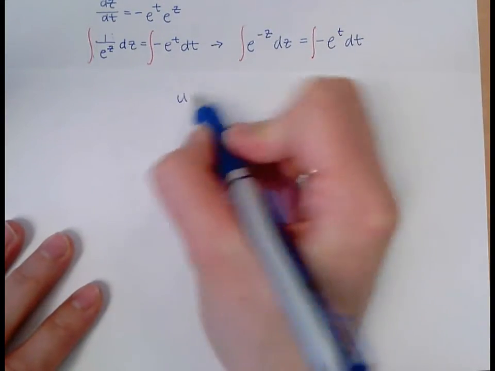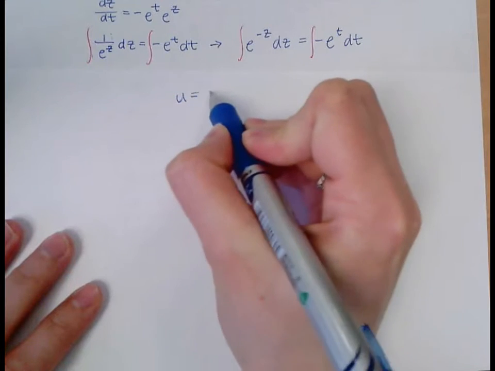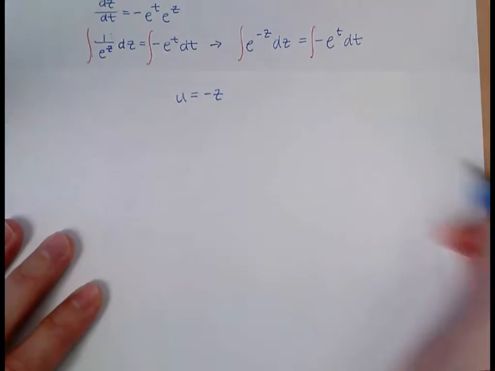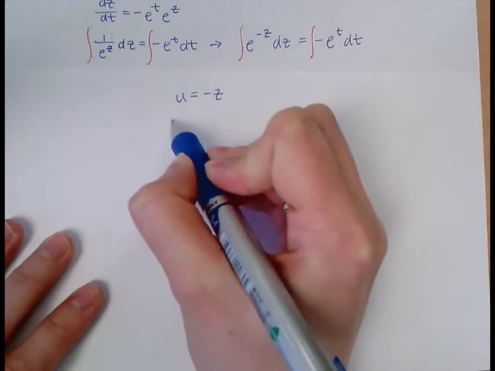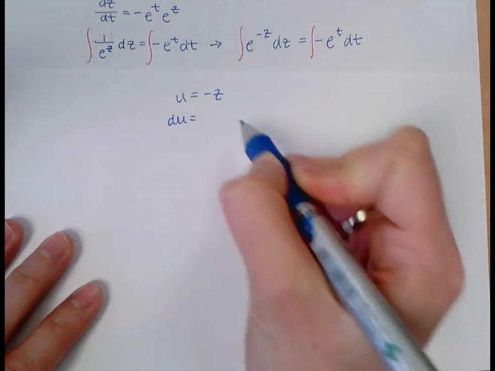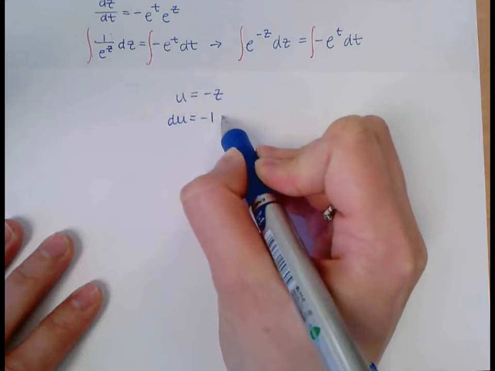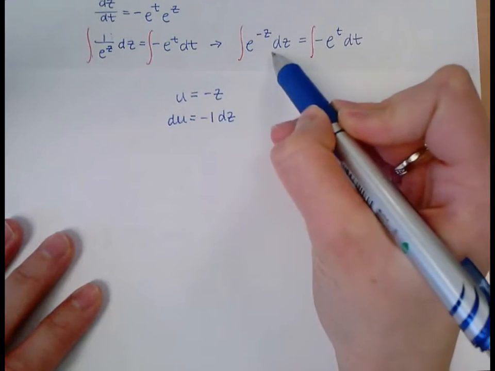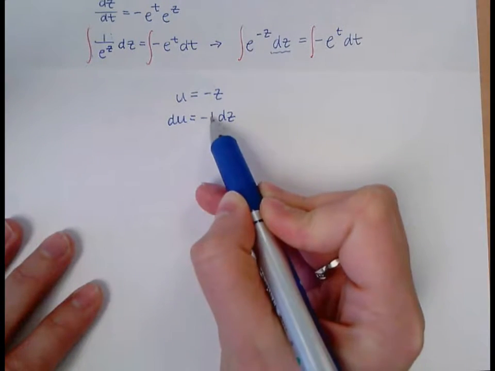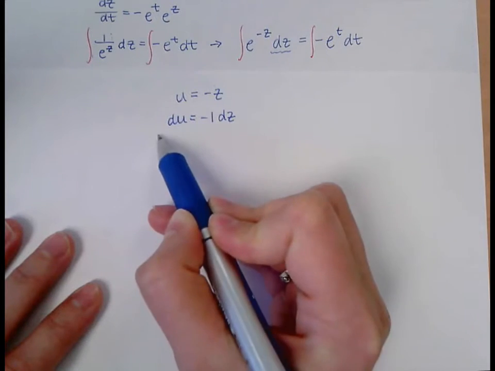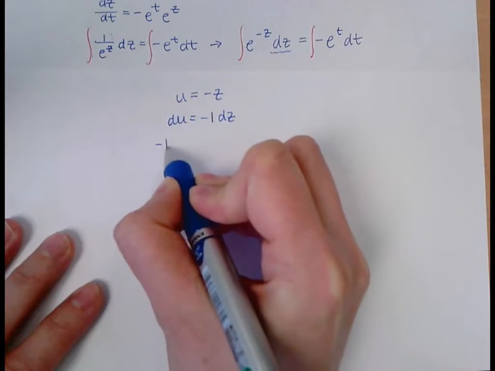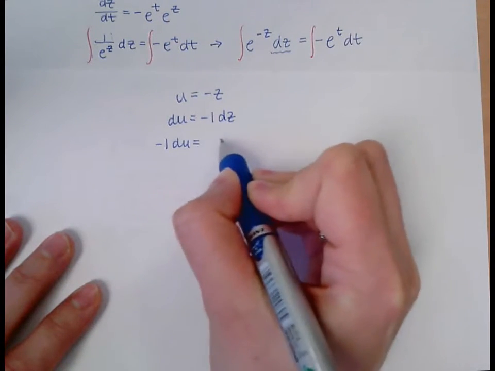You're saying, in this case, u would equal negative z, and therefore du would equal, the derivative here would just be negative 1, and then dz, but we only have a dz, we don't have the negative 1, so we'd have to divide both sides by the negative 1, which ends up just making this side negative 1 du.